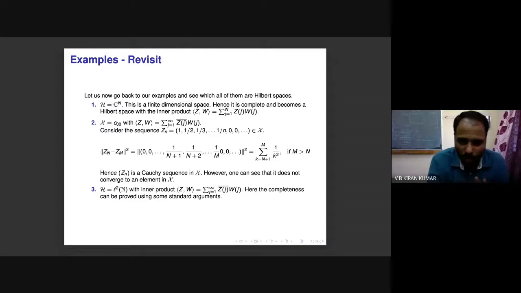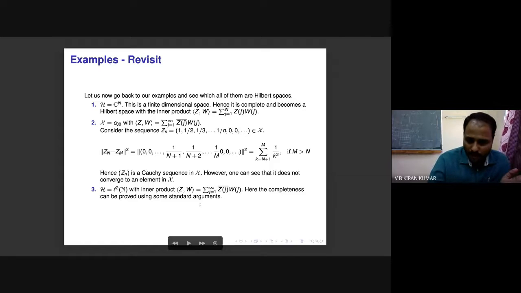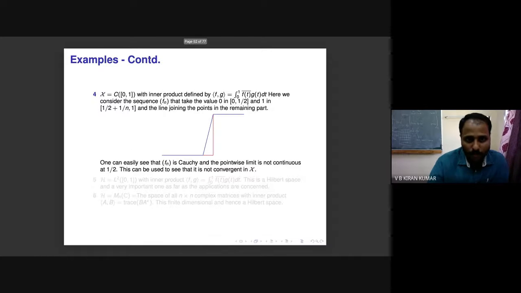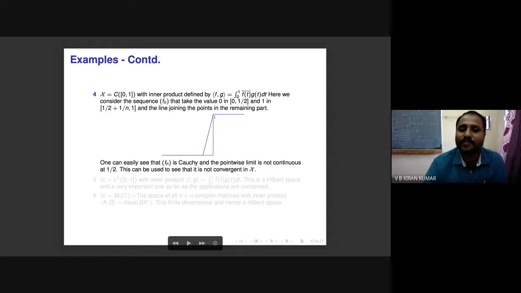Something we have already proved is that all the LP spaces are complete, and this particular space is a Hilbert space with respect to this inner product. Okay. Now this is a very interesting example which we discussed maybe in the first or second lecture.